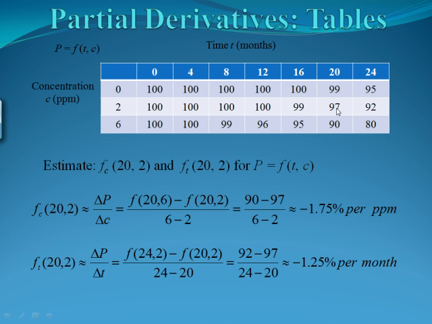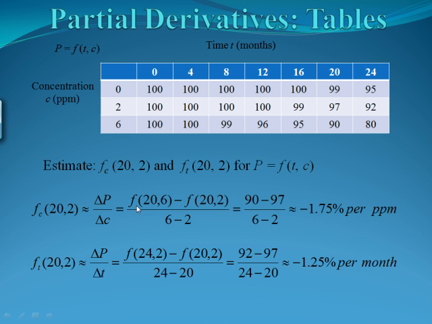So we want to use a right-hand estimation. So that means we're going to be looking at the value (20, 2), but also the value (20, 6), because again we've fixed this column, and so that's the next closest value to use.